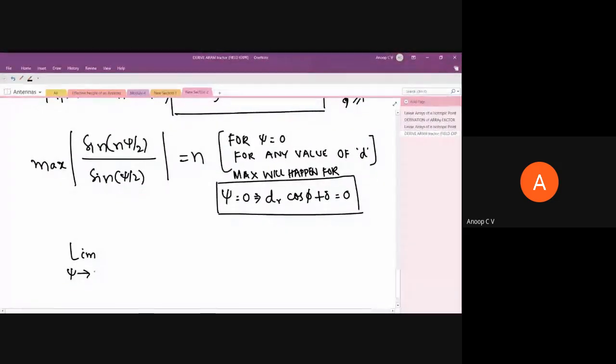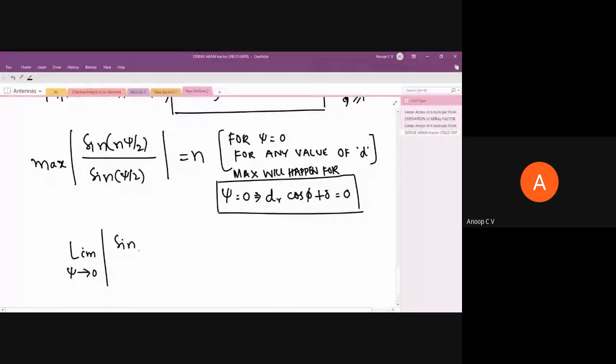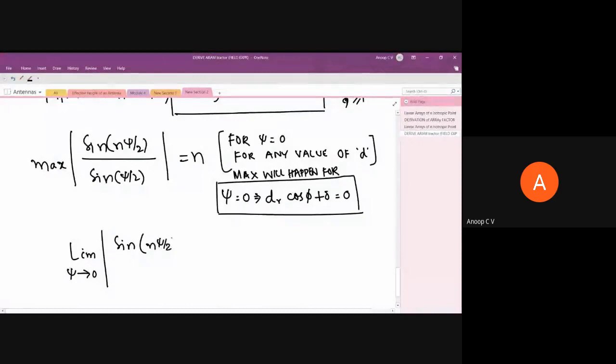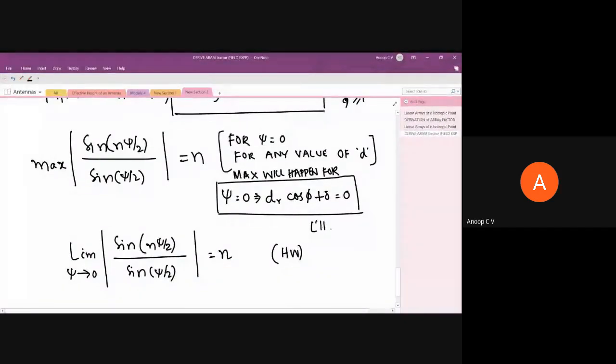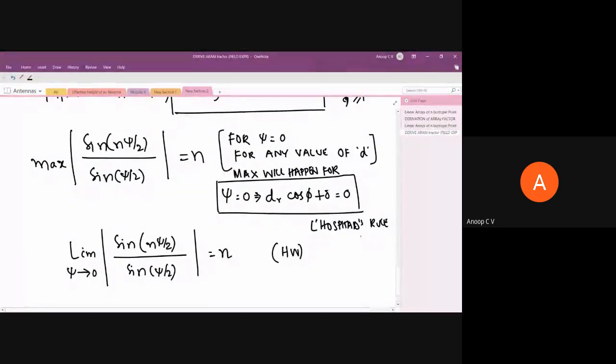Limit psi tending to 0 of sine n psi by 2 divided by sine psi by 2 will be equal to n. It is very easy, I'll just give it as homework. When you put the limit and it is 0 by 0 form, or indeterminate, you should use L'Hospital's rule.